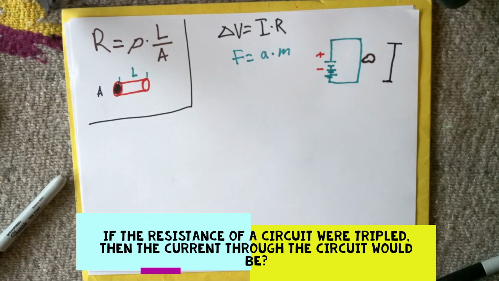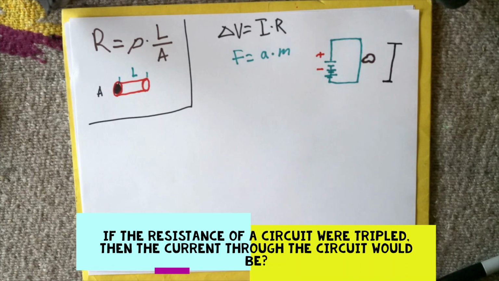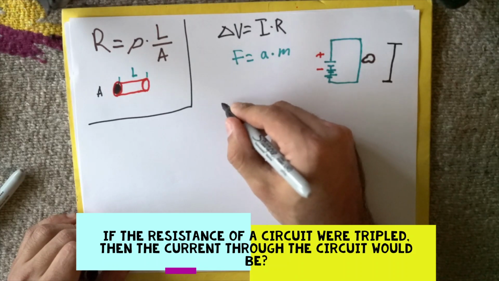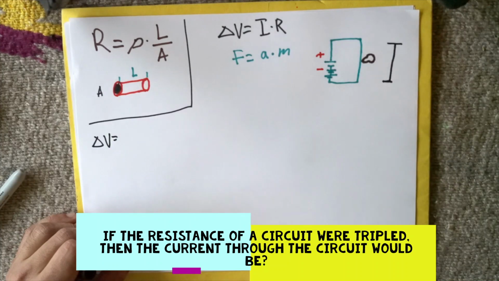If the resistance of a circuit were tripled, then the current through the circuit would be, so let's think of it this way. Let's assume V stays constant. So I just have some value. This doesn't change.